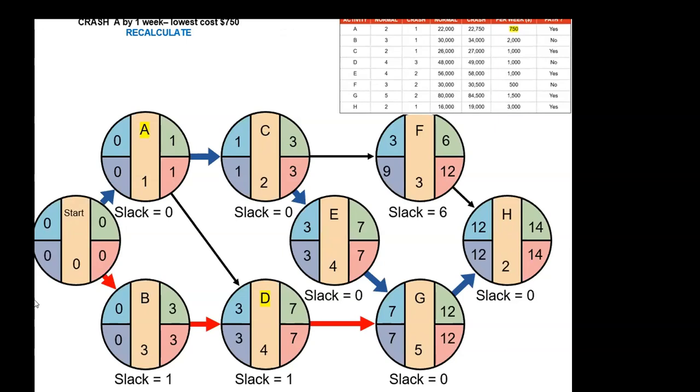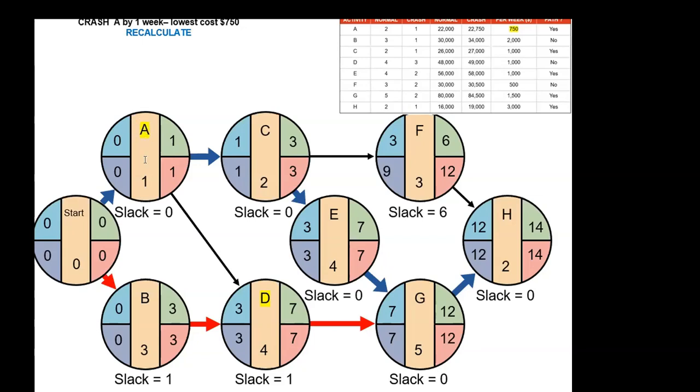That's all you have to do. So you want to start with crashing task A, just by 1 week, because it's the lowest cost and it's on the critical path. So activity A is going to be crashed.